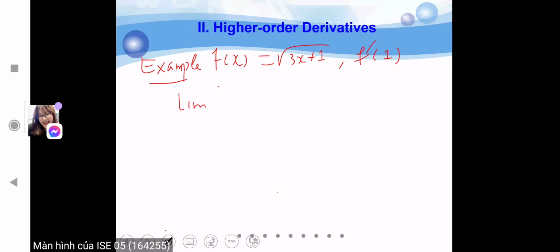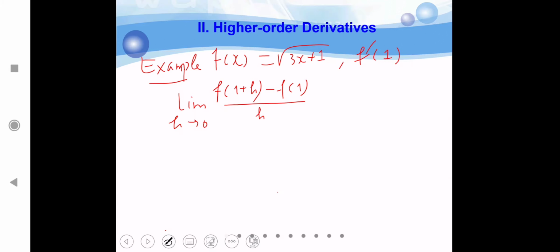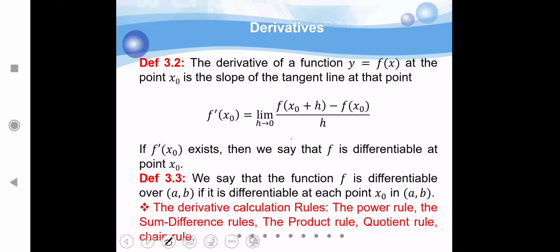And the limit of (f(1 plus h) minus f(1)) over h when h tends to 0. Okay. In this case, we have x0 equal number 1.